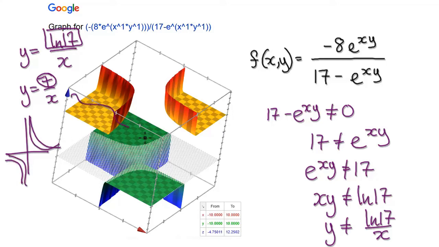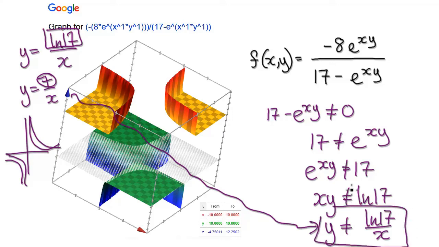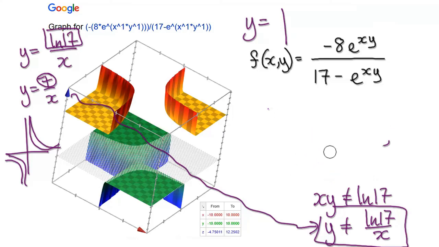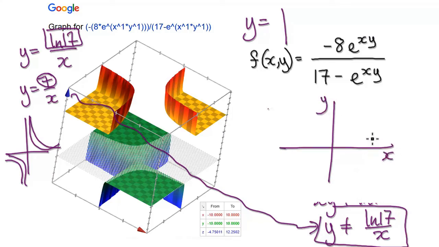The point I'm trying to make here is that when you look at this, in your mind, picture the xy graph, and then draw this thing here. So draw y equals natural log 17 over x, which will look something like this.